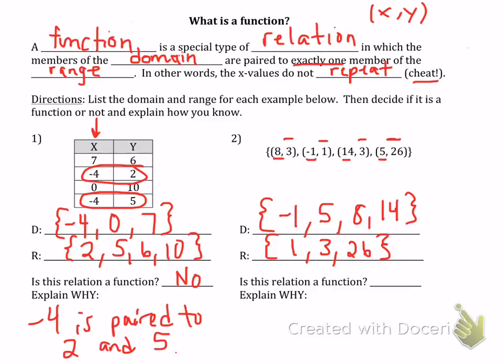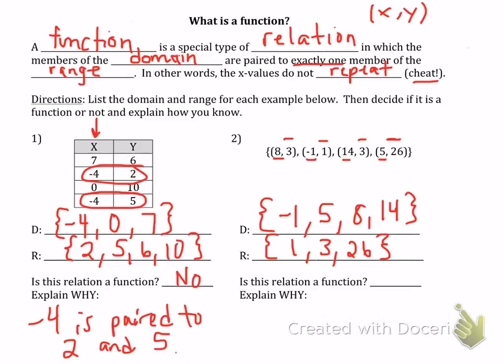So be careful here. Which ones are we focusing on, the domain or the range? If you go back to the definition of a function, it's the domain values that have to be paired one time. So ask yourself, is 8 being paired more than once? Nope, it's being paired just to 3. -1 is also being paired one time to +1. 14 is also being paired one time. Now it happens to also be to another 3. So there's a little bit of a conflict there.